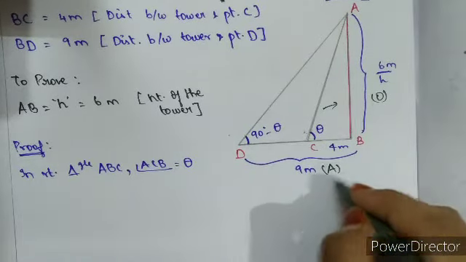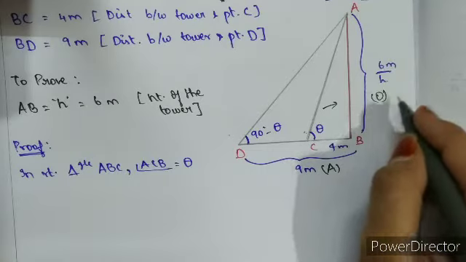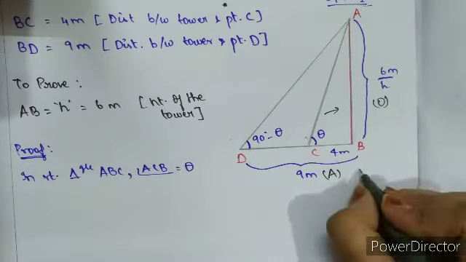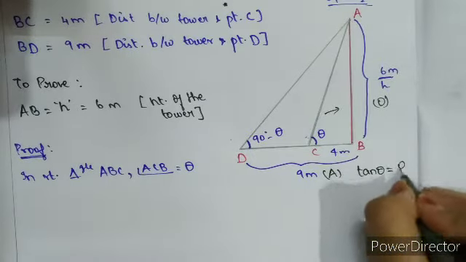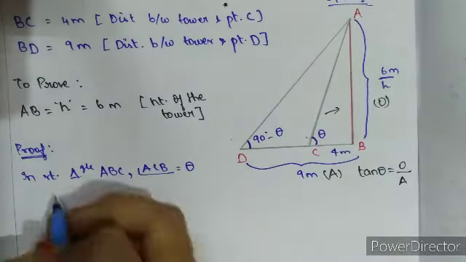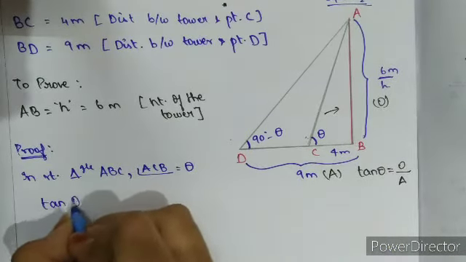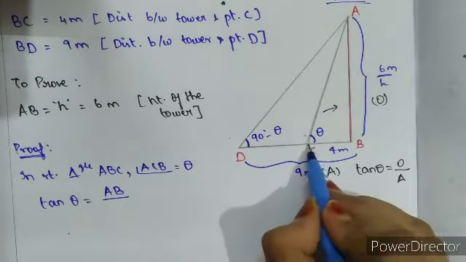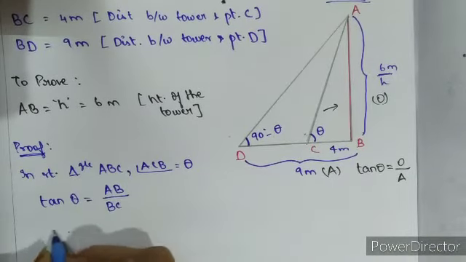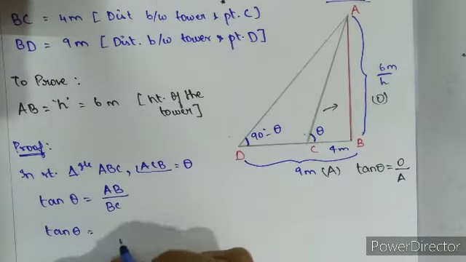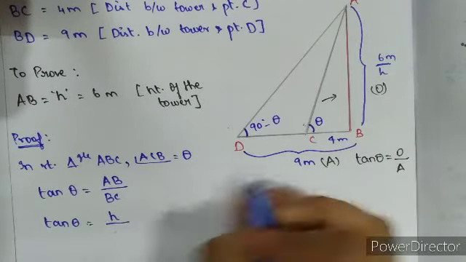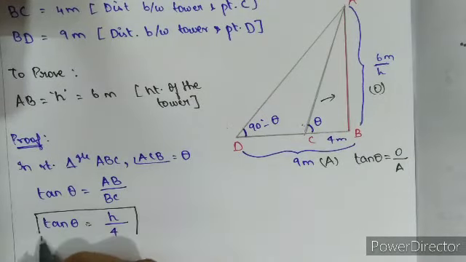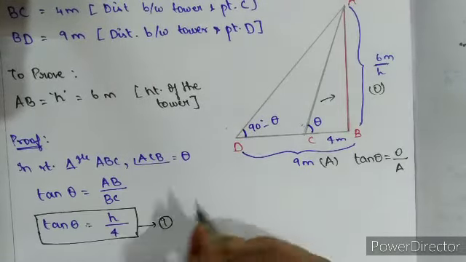So here we have the value of the adjacent side and we have to prove the opposite side. So I will be using the ratio that includes this opposite and adjacent. So we know that tan theta is equal to opposite by adjacent. So here tan theta is equal to opposite side AB by adjacent BC. So here tan theta is equal to AB, which we assumed as H, and BC is 4. So let me assume this as our first equation.